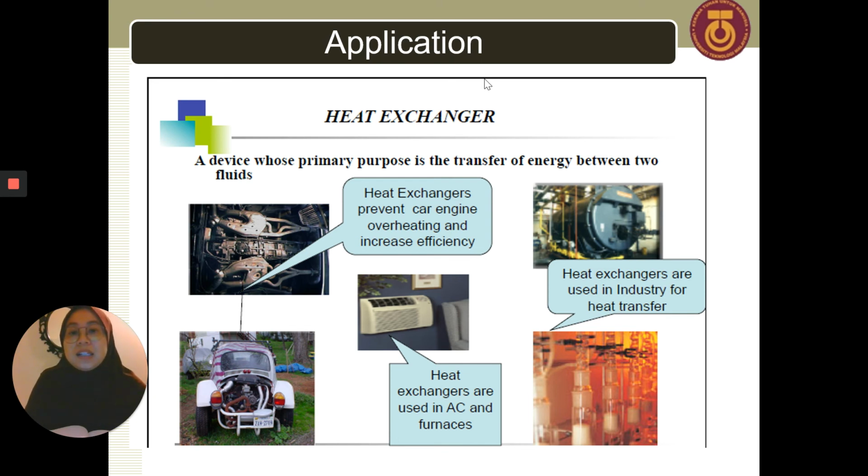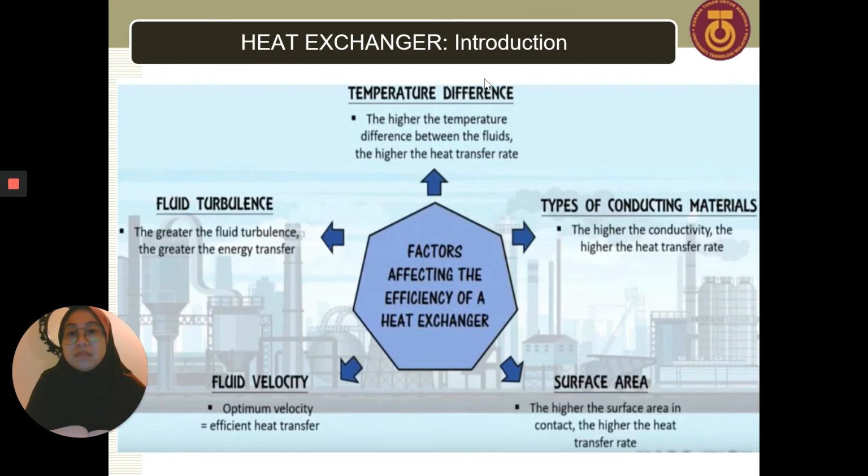Okay, next, in the previous video, you have also come across the efficiency of heat exchanger. So there are several factors that may affect the efficiency of the heat exchanger. The first one is temperature difference, meaning the difference between two fluids.